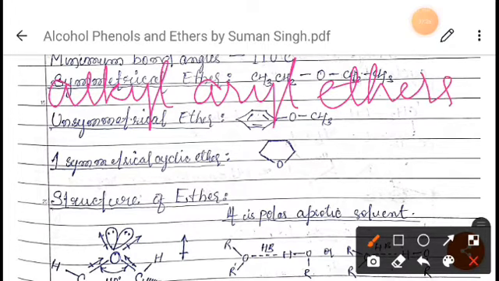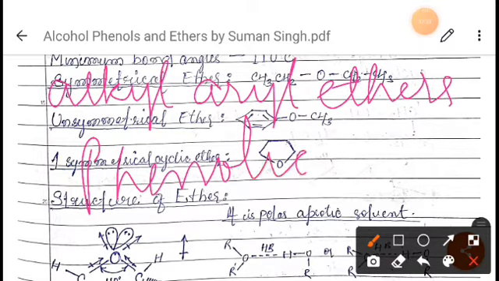One group is aryl, another group is alkyl. At that time, that type of ether is called alkyl aryl ether or phenolic ether.